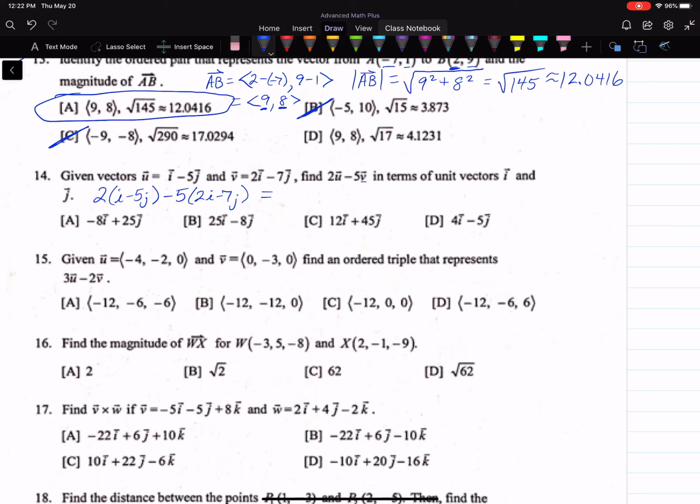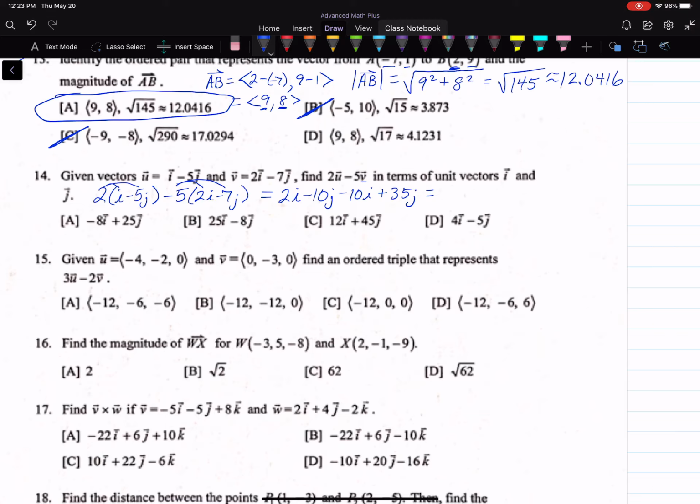And from there, it's just basically multiplying it out and adding up. Okay, so we're going to distribute. That'll be 2i minus 10j. And then distribute the negative 5. We'll get negative 10i. And negative 5 times negative 7j is positive 35j.